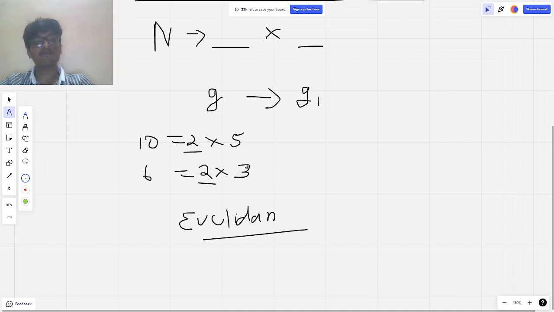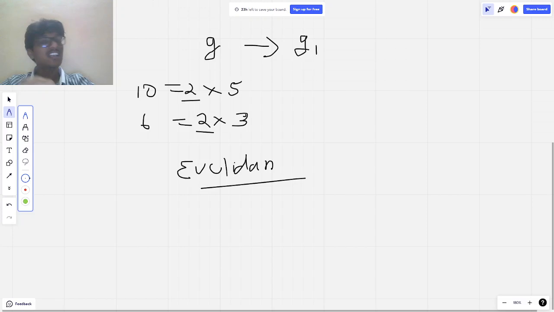With this Euclidean algorithm, we can very easily find shared common factors. If we have two numbers which have shared common factors, then using Euclid's algorithm we can find them.